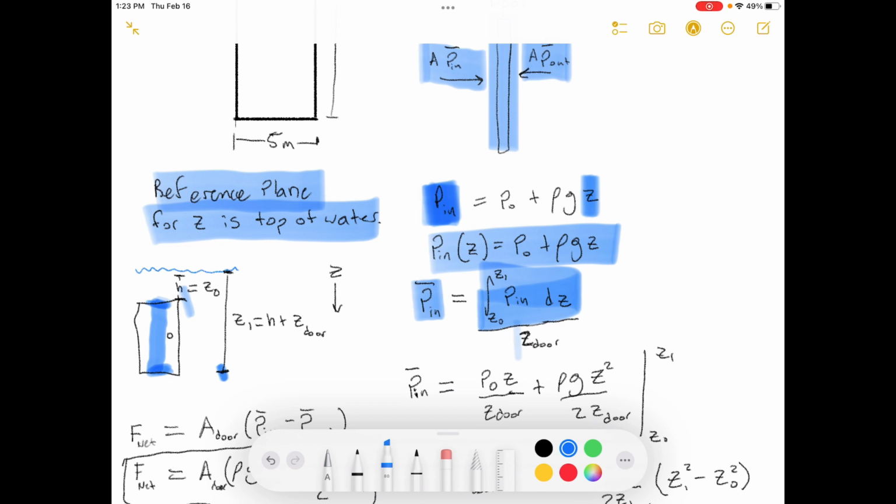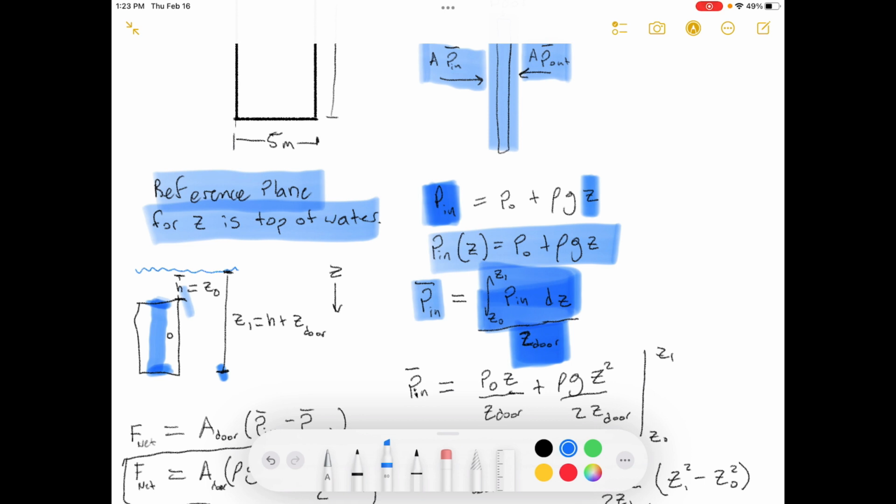But then we need to divide that by the length in z so that we're still in units of pressure, because we have to average it over the entire door. Dividing by the total length of the door will give us the average pressure across the whole door. So we sum up all the pressures along the door, and then we divide by the length of the door.